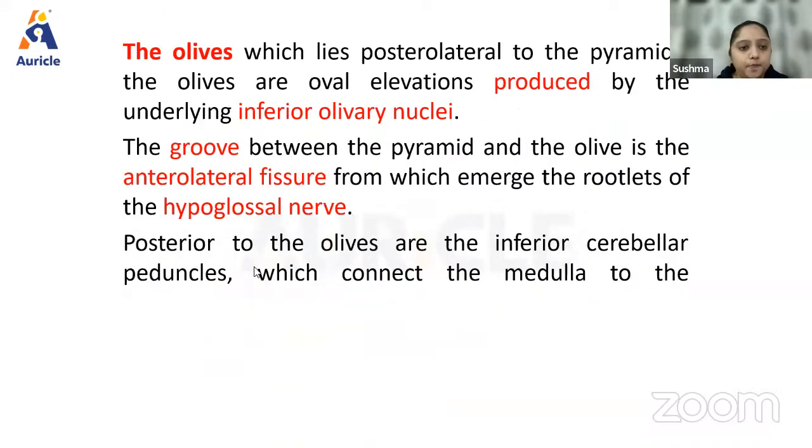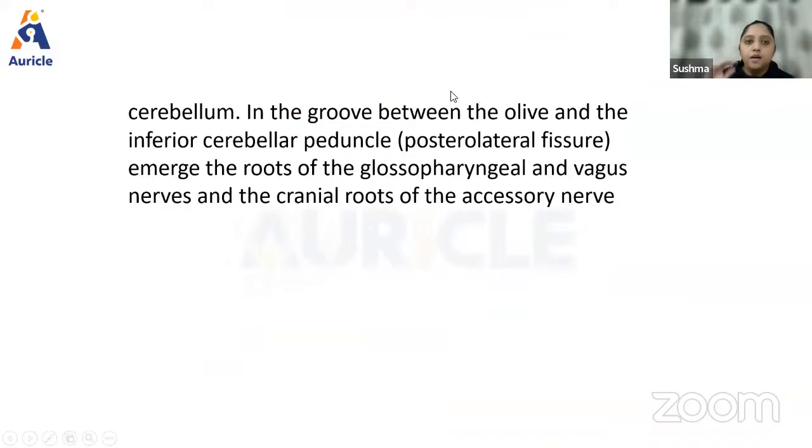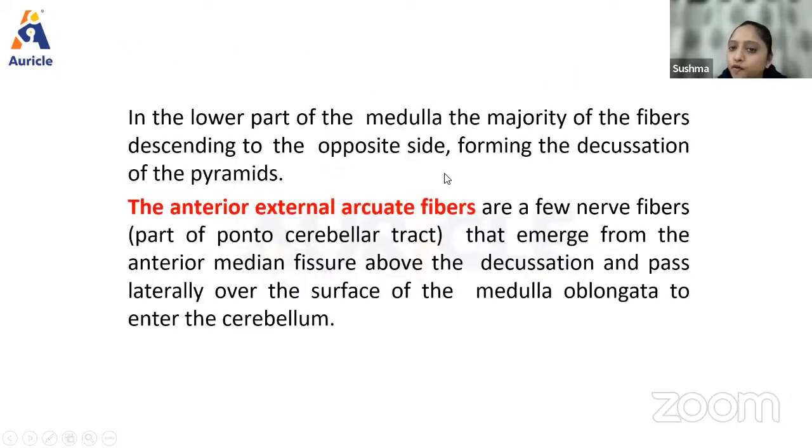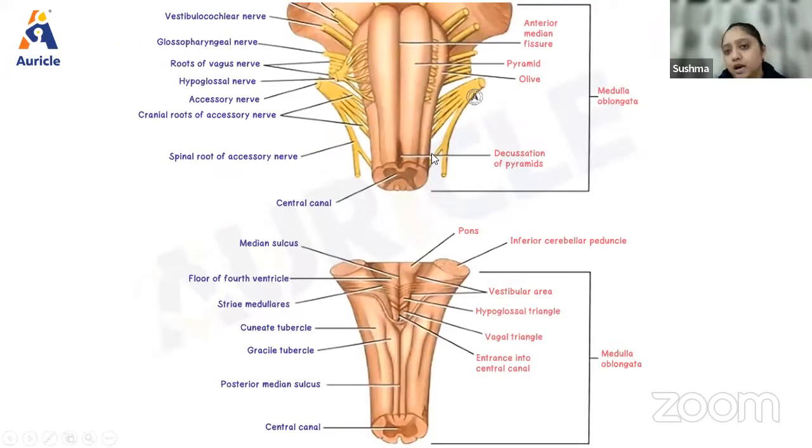Then between the olives and the inferior cerebellar peduncle, we have all the other nerves coming in: glossopharyngeal, vagus, and the spinal accessory nerve. There are 4 nerves that come out of the medulla: 9, 10, 11, 12.